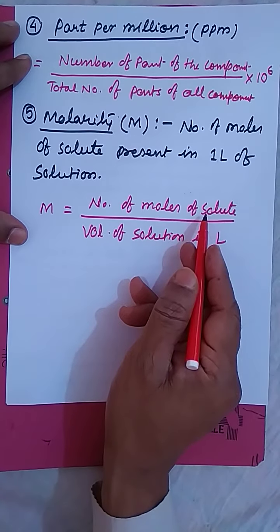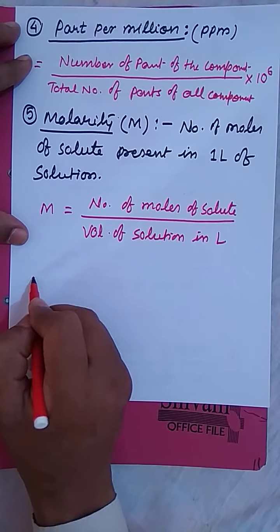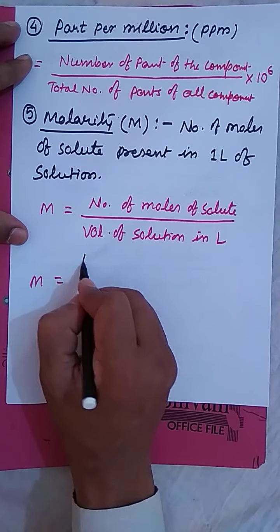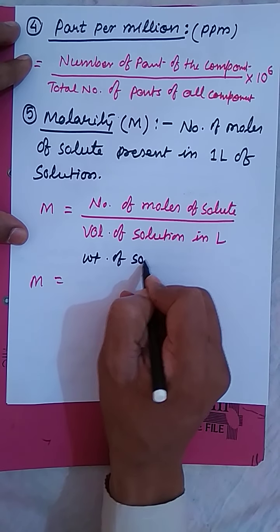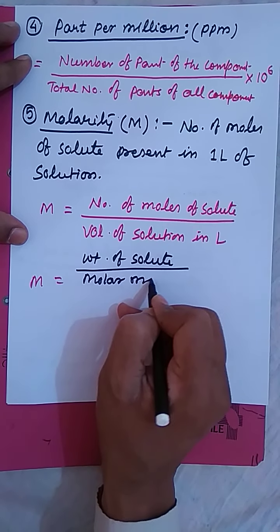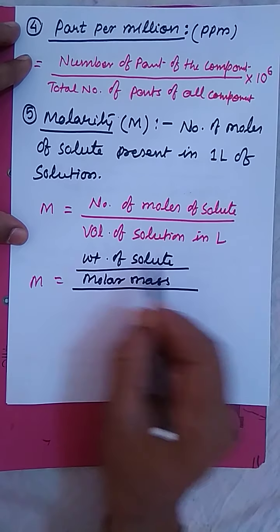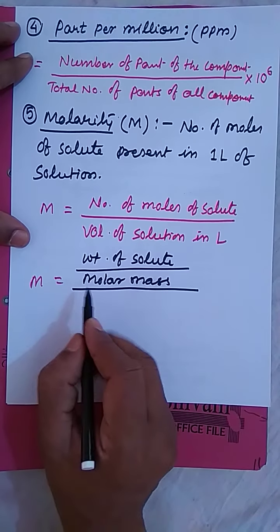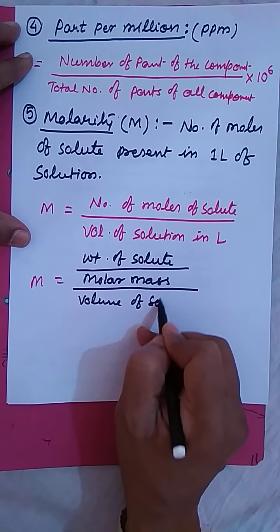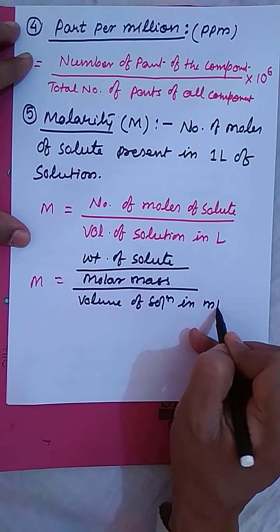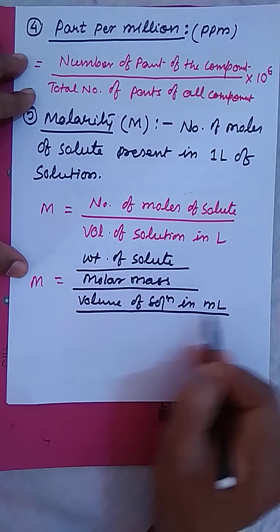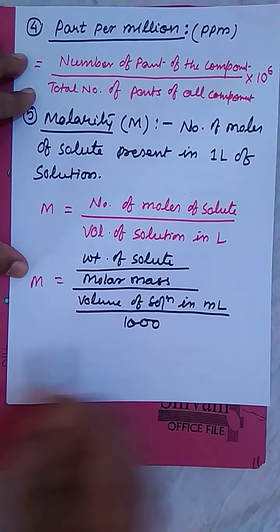So number of moles of solute, so you can write mole is weight of solute upon molar mass, and if we take the volume of solution in milliliter, now this milliliter is changed into liter, so definitely we have to divide it by 1000, right?